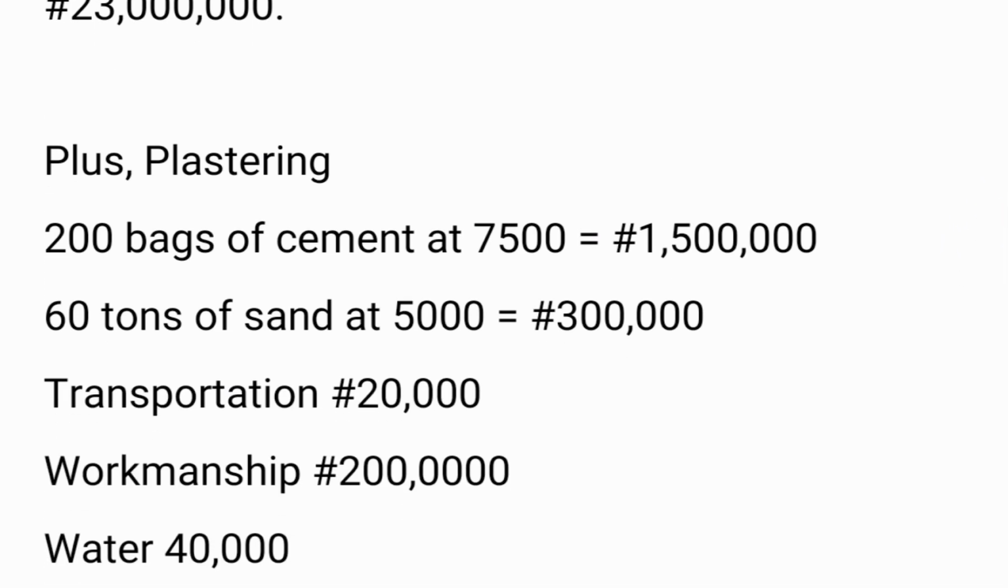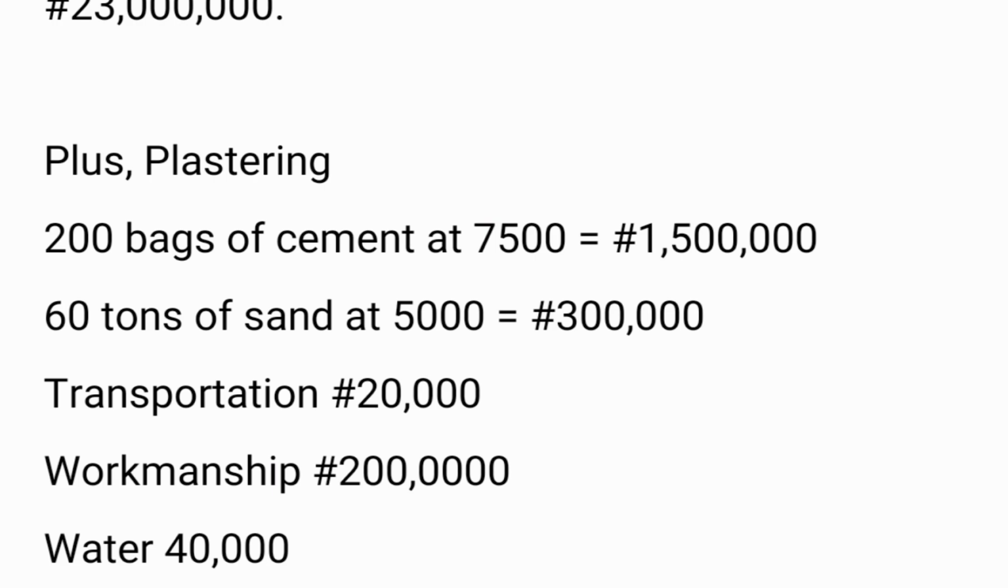Now add the plastering. If you want to know how to calculate your materials for your plastering, watch the last video, and then you will know how we came about this. Here we worked with 200 bags of cement for this building, but remember that you might need more than this depending on the design of your building, and you might need less than this depending on the design of your building.